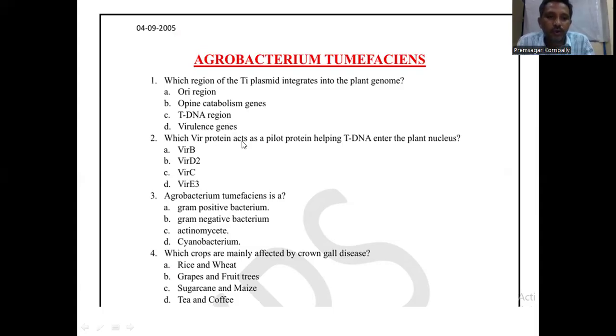Which Vir protein acts as a pilot protein helping tDNA enter the plant nucleus? VirB, VirD2, VirC, and VirE3.